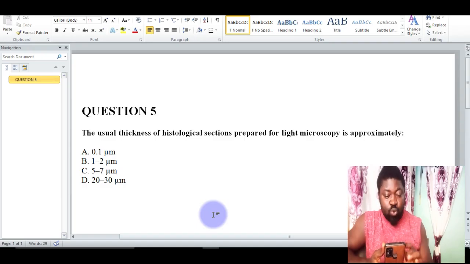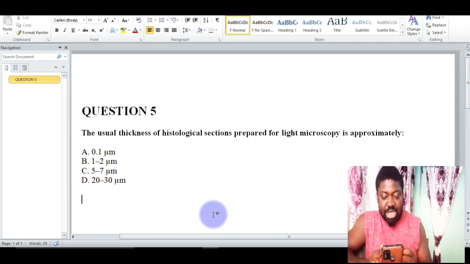But note that the correct option here is C, which is between 5 to 7 micrometer, because it allows light to pass through while maintaining tissue integrity. If it is very thick, that is between 20 to 30, it will be so thick that it cannot allow the passage of light through it for us to see all the things we need to see with the light microscope.